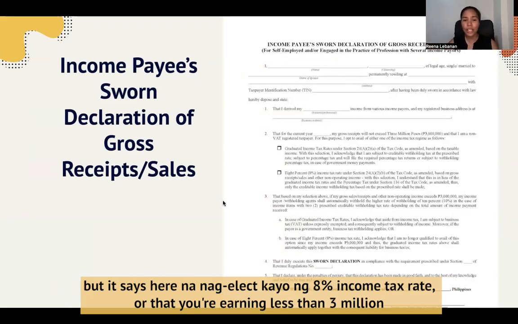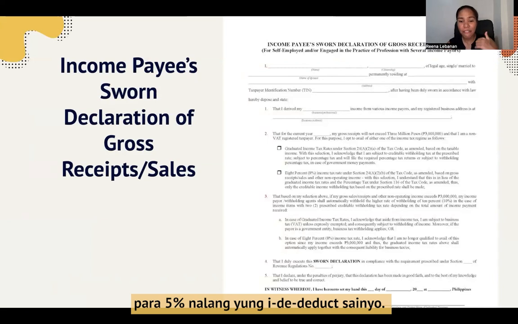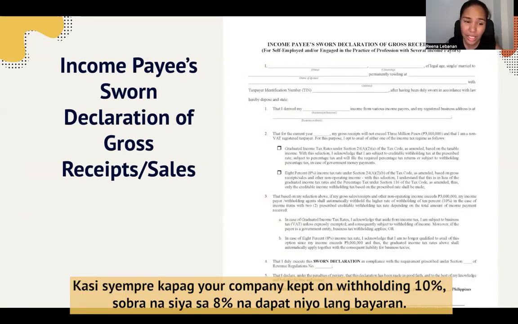But it says here na nag-elect kayo ng 8% income tax rate or that you're earning less than 3 million, para 5% na lang yung i-deduct sa inyo. Kasi syempre kapag your company kept on withholding 10%, sobra na siya sa 8% na dapat nyo lang bayaran.